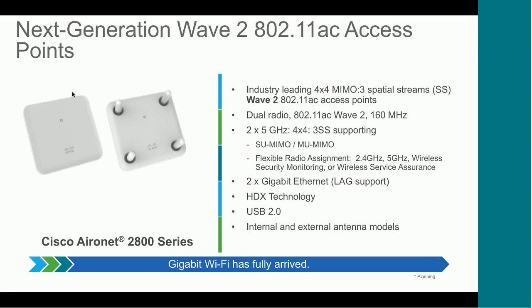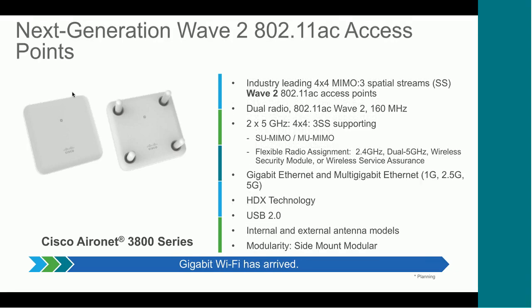When we start looking at the 2800 and the 3800, you'll see we start really getting up there in regards to performance, and the spatial streams with these access points. The 2800 highlighting the 2 gigabit Ethernet core uplinks, clean air capabilities, client link, also capabilities to do internal and external antennas, and USB 2.0.